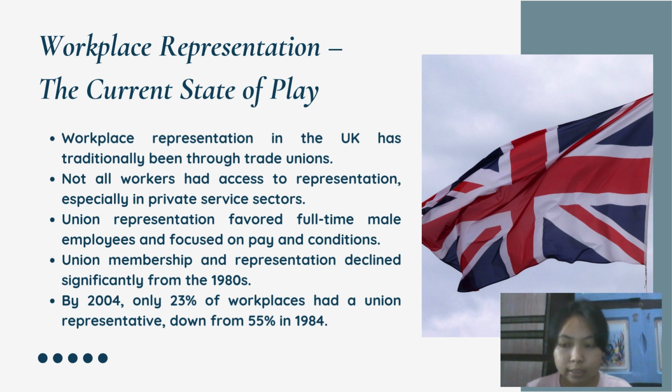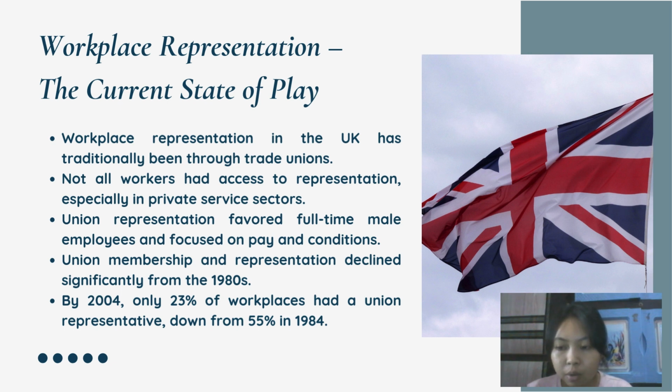Moving on to the next slide, workplace representation, the current state of play. Workplace representation in the UK has traditionally been through trade unions. Historically, not all workers had access to representation, especially in sectors like private services where union presence was weak. Even where unions were present, representation often favored full-time male employees and focused on pay and working conditions.